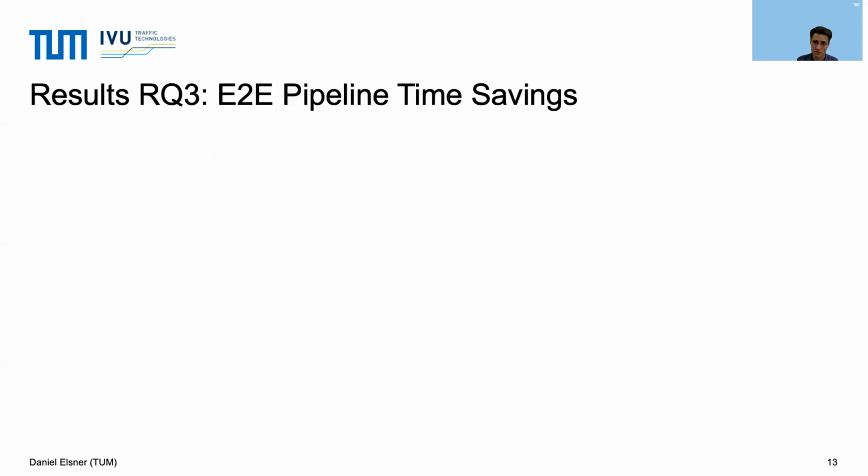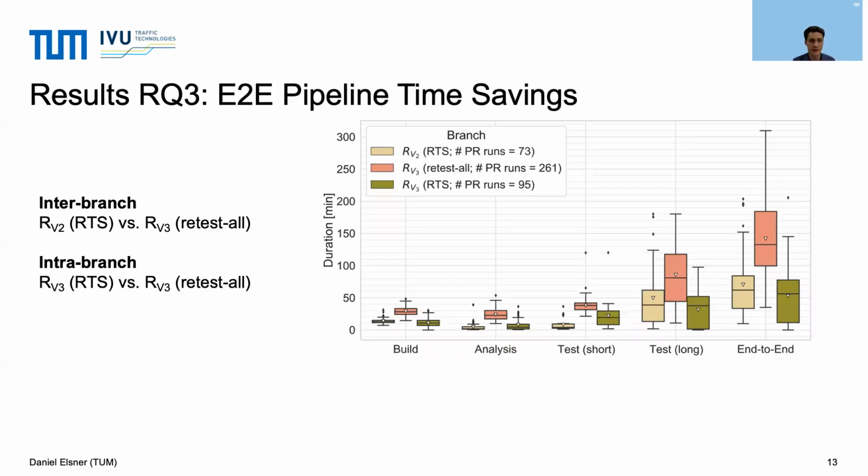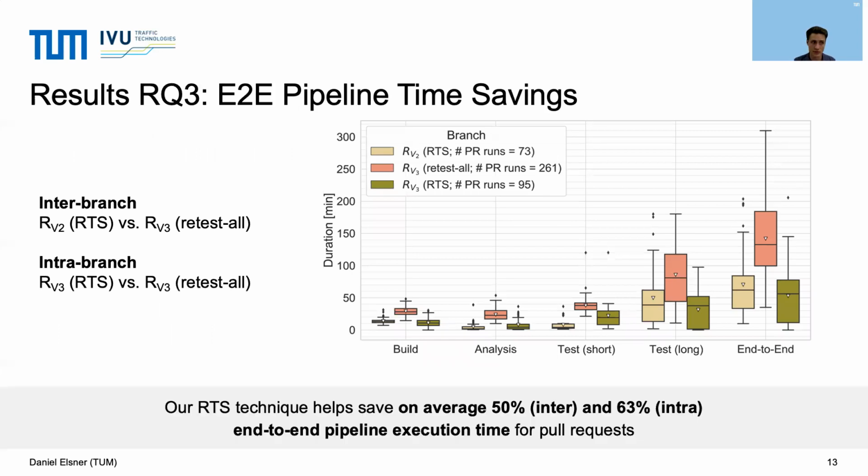Regarding the third research question, we find that depending on whether we look at the inter-branch or the intra-branch evaluation approach, we save on average either 50% for the inter-branch comparison or 63% for the intra-branch comparison.